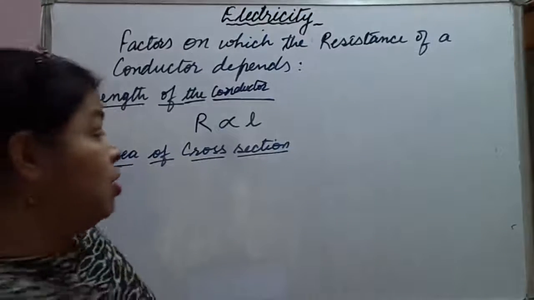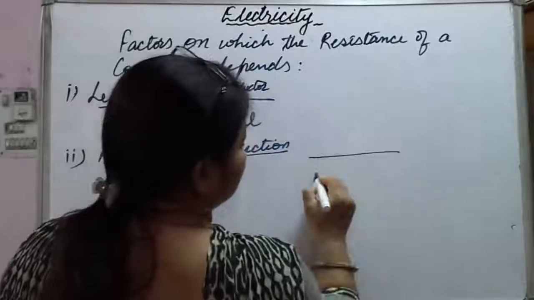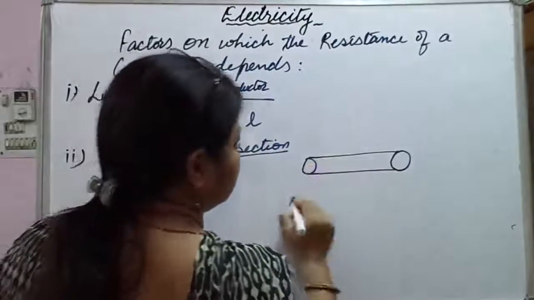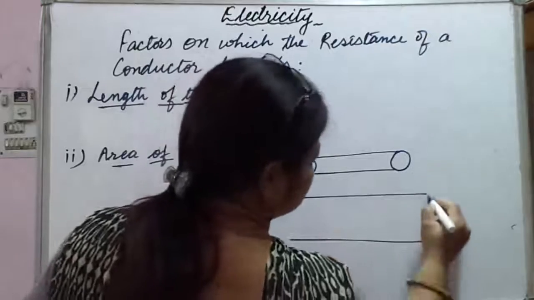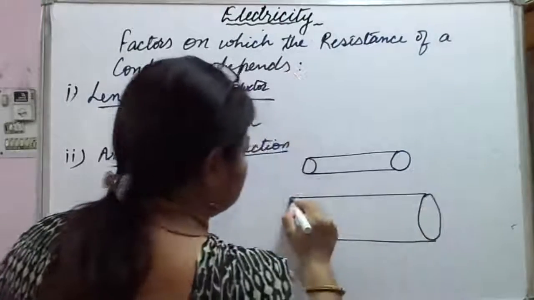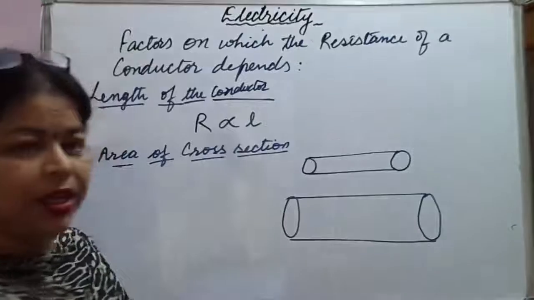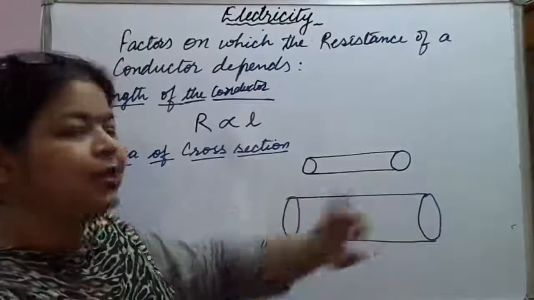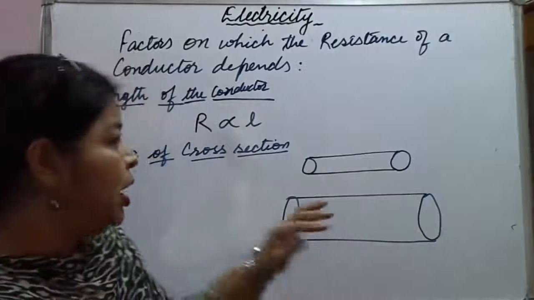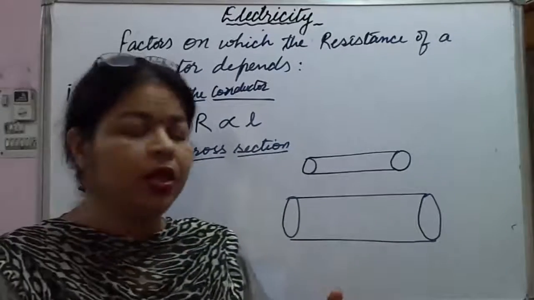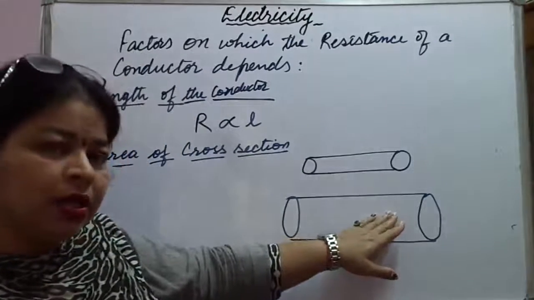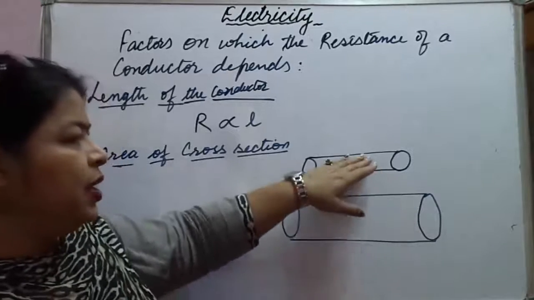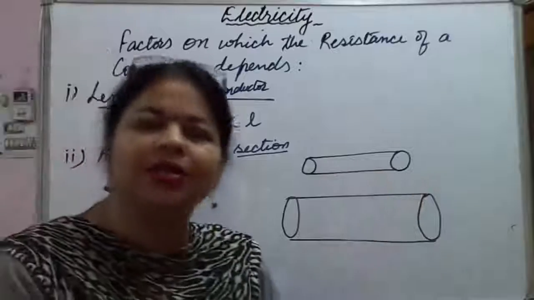Like the conductor, two conductors I am showing you. The cross sectional area, like this and this. Okay. So which one has more cross sectional area? It will depend on that also. Okay. More is the conductor's cross sectional area, less would be the resistance. And if it is less, then more will be the resistance.